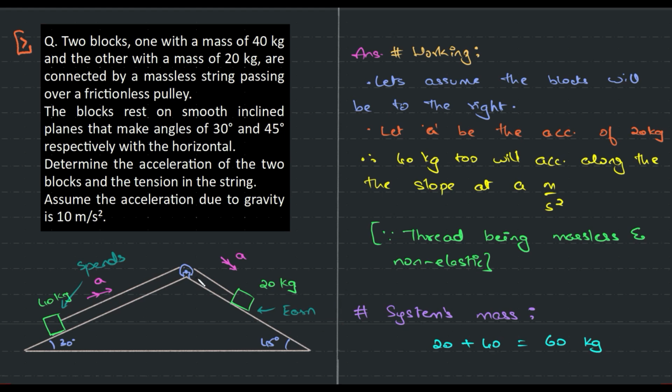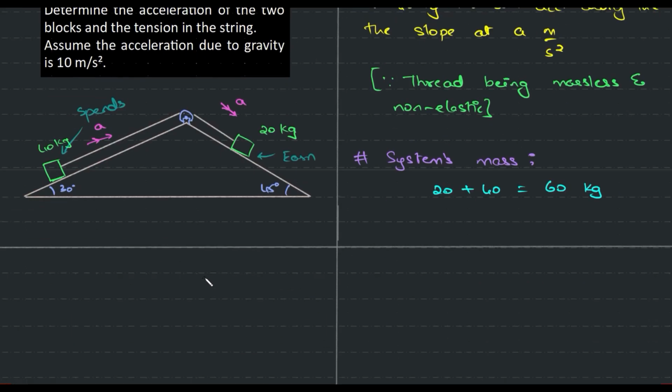That's the system's mass. Now, the force is where the tricky part is. For this, we need to use the angles. See, the force over here is, yes, 200 Newton. And the force over here is, correct, 400 Newton. But they are not the ones that contribute to the acceleration, not directly this entire amount. So which will contribute?